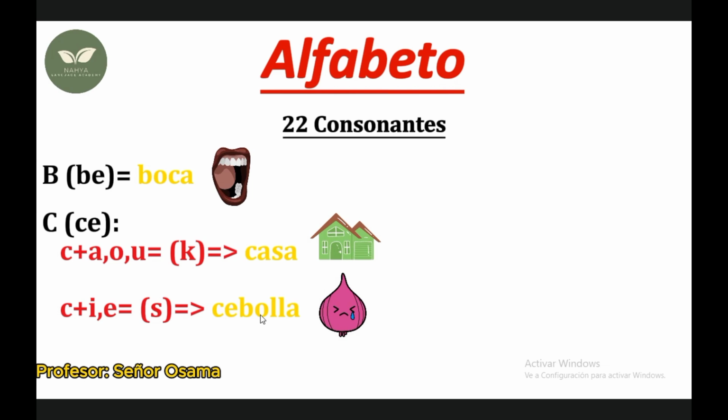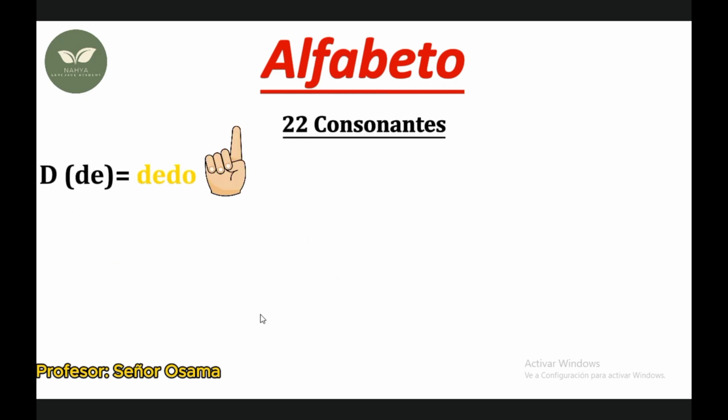So let's go to the next letter. The next letter is D, and we can find this letter in the word dedo, which means finger.